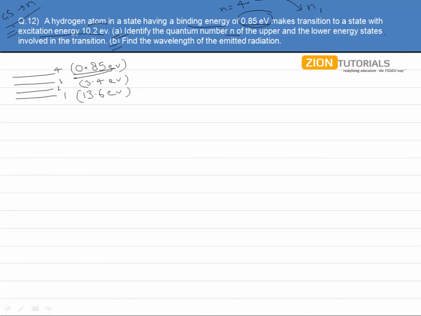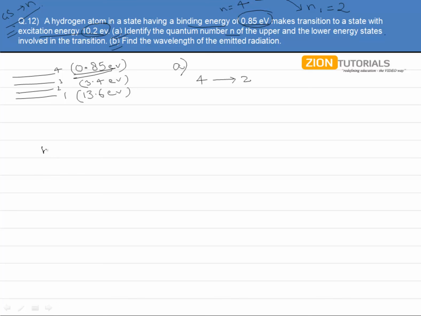Now that energy is 10.2, and you can see that is from 1 to 2, because when you move from n equal to 1 to 2, you need a photon of 10.2 electron volts. So we can say that this n1 is basically coming out to be 2. So the actual transition is from 4 to 2, and this is the first part of this question.